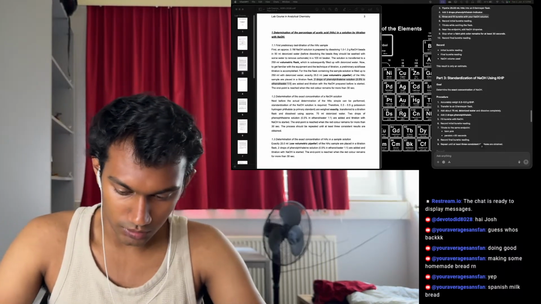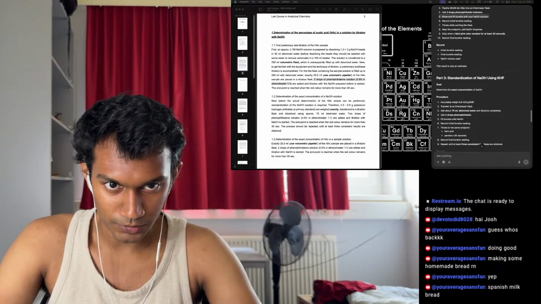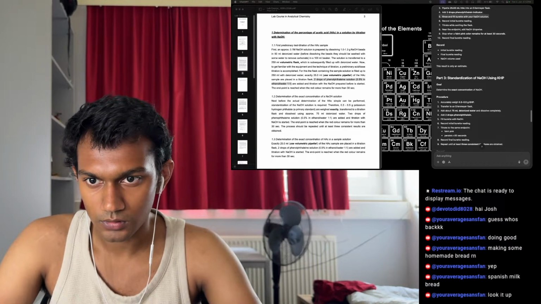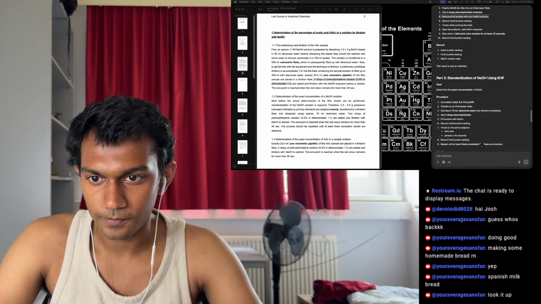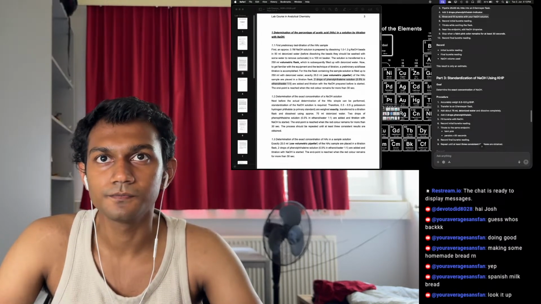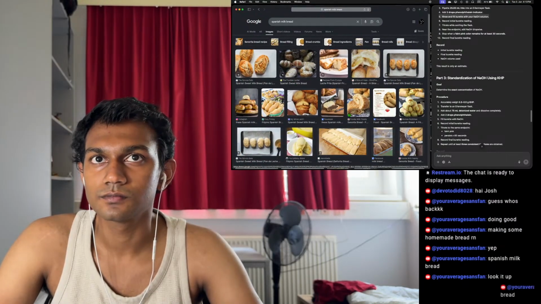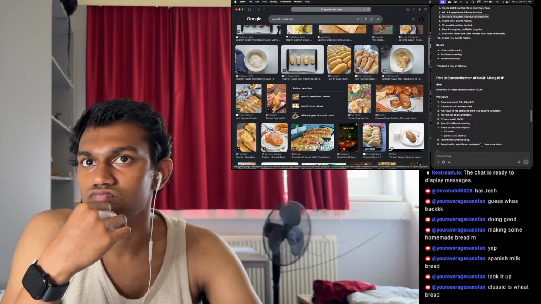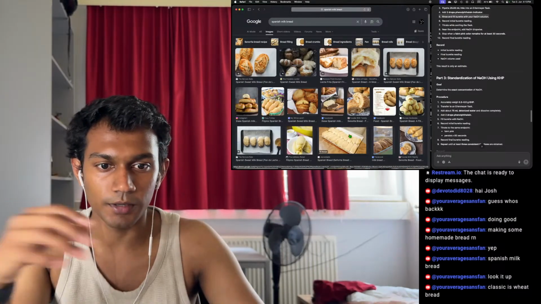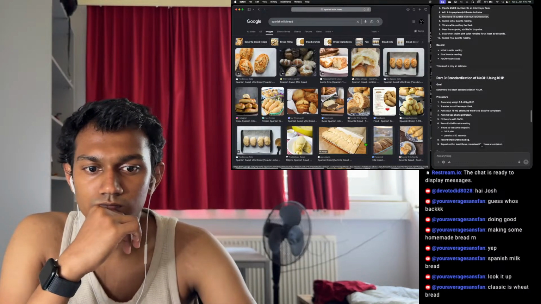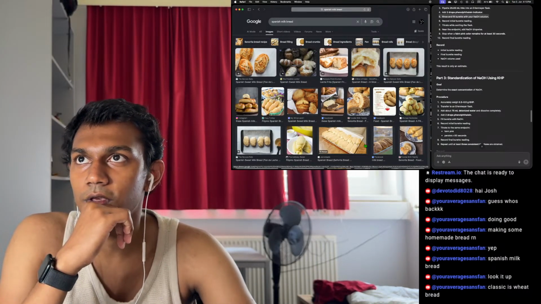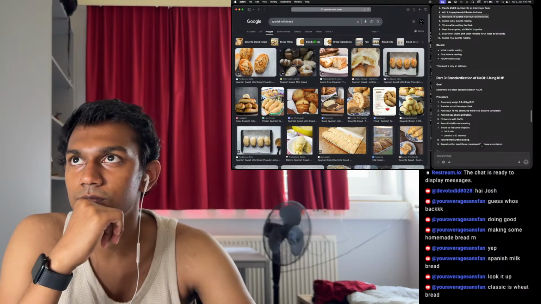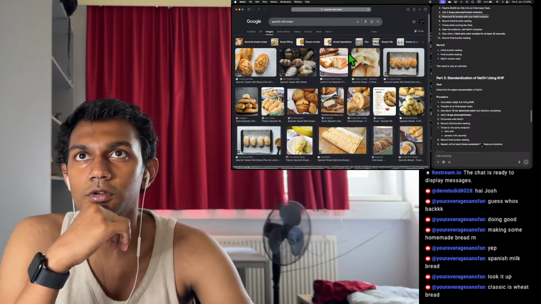I should also try cooking bread because it's pretty easy from what I heard, but you still need to know how to. I thought it was just a cube type of classic wheat bread.